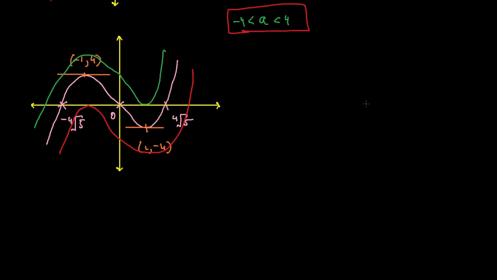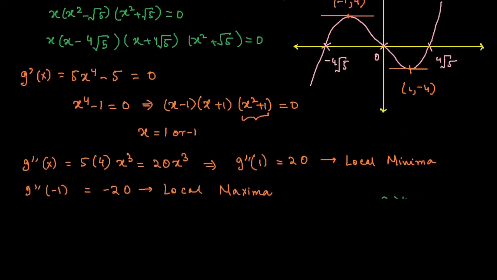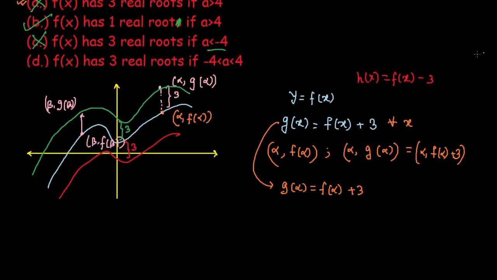So with the help of visualization, we have seen that the graph cuts the x-axis at 3 points. So hence f of x has 3 real roots if a lies between minus 4 and 4. Hence the correct options are B and D. So the answer over here is B and D.